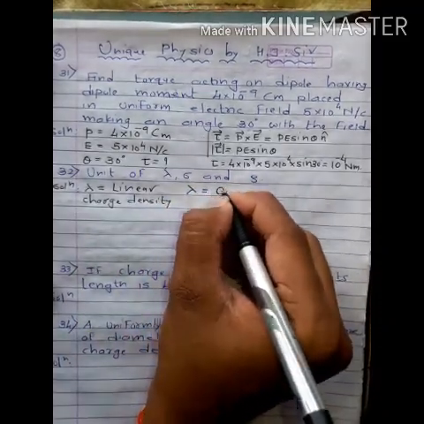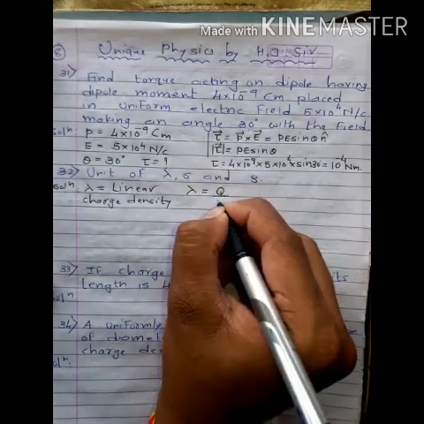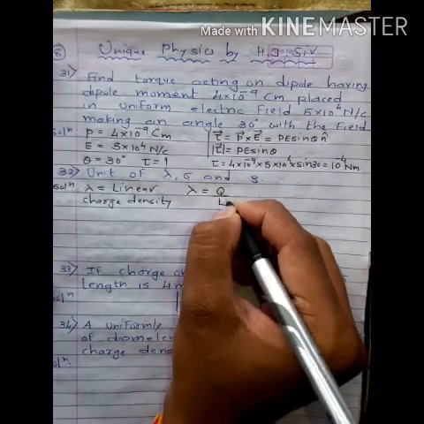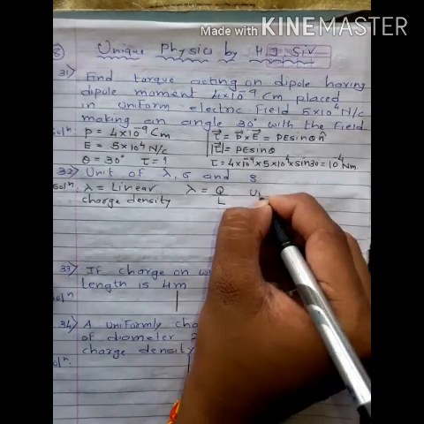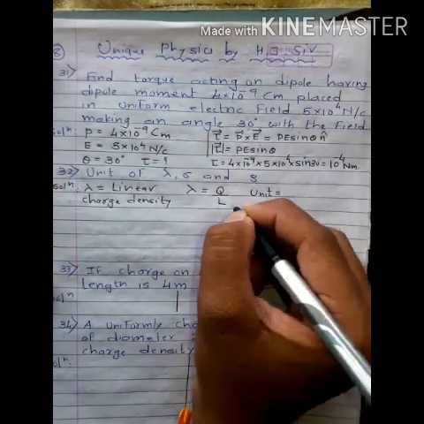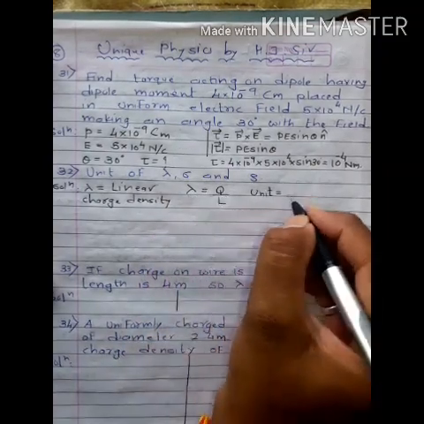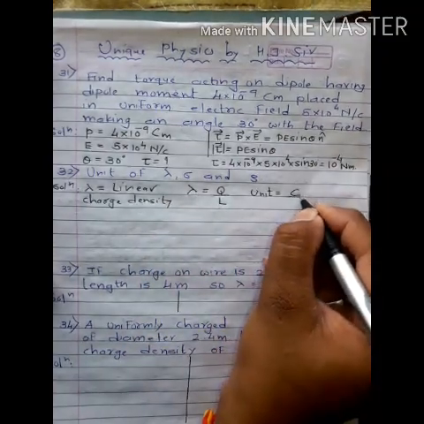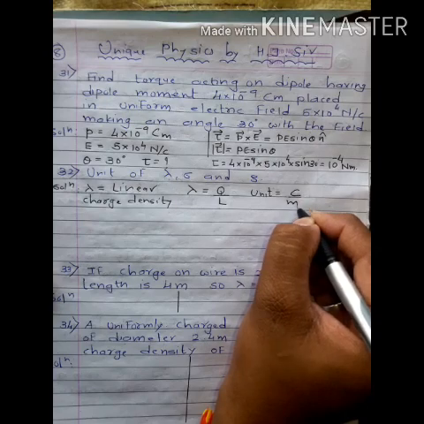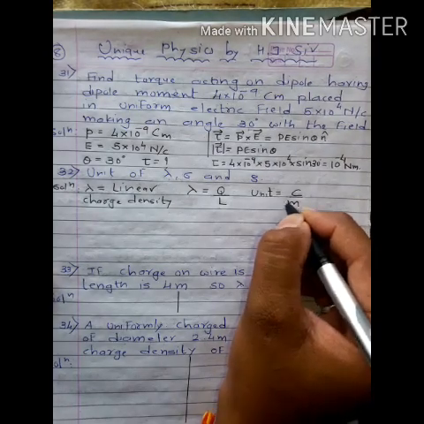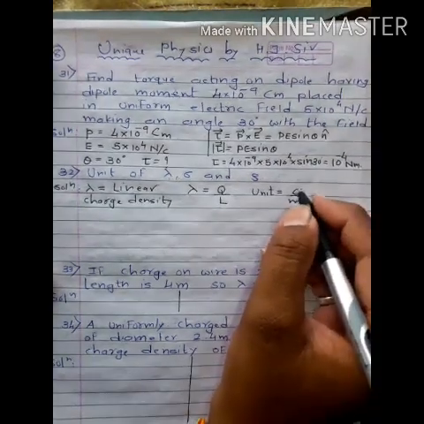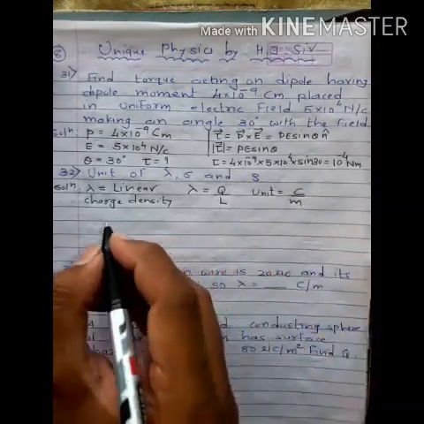Linear charge density lambda is equals to q upon L, charge upon length. So now use this equation to find its unit. So unit of lambda is q, unit of electric charge is coulomb, upon length means meter. So unit of lambda is coulomb per meter.